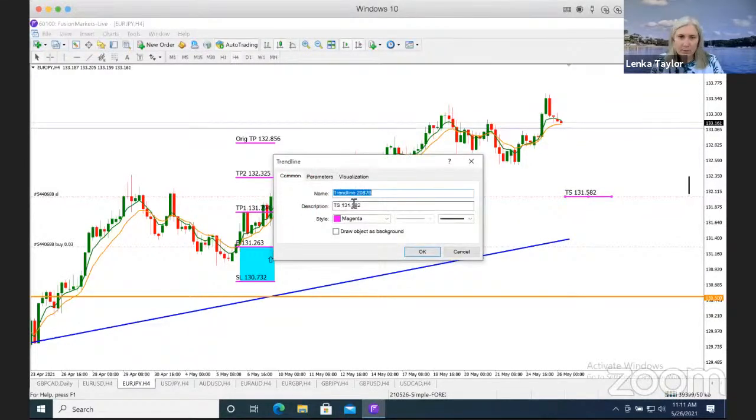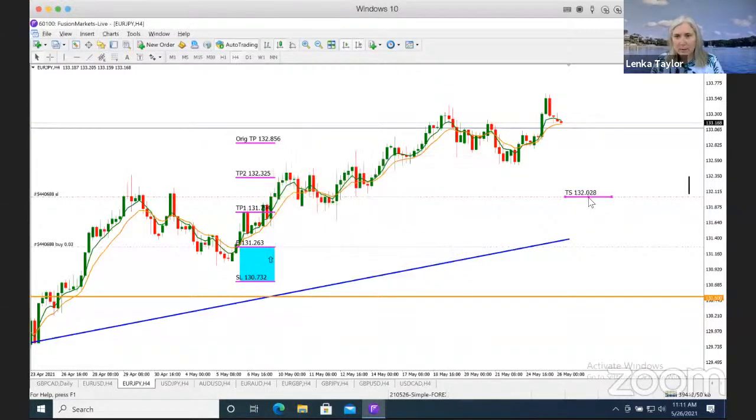So trailing stop now at 132.028. There we go. So holding on to that one.